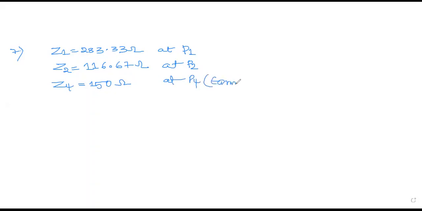The H arm port, that is port 3, is connected to a 50 ohm power source, feeding 1 watt of power into it.